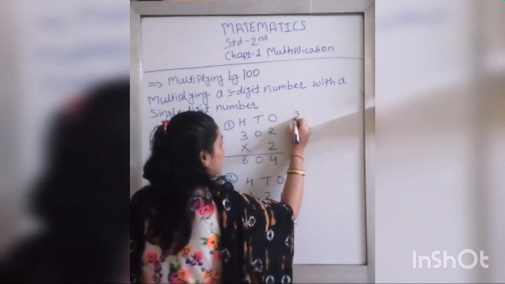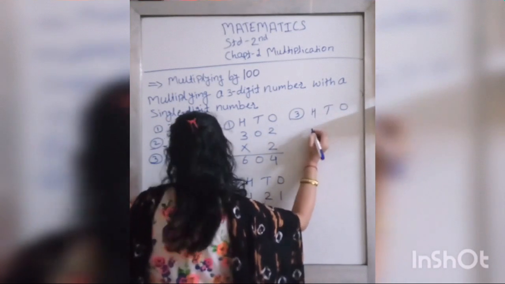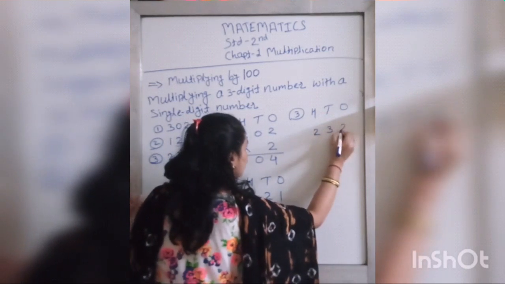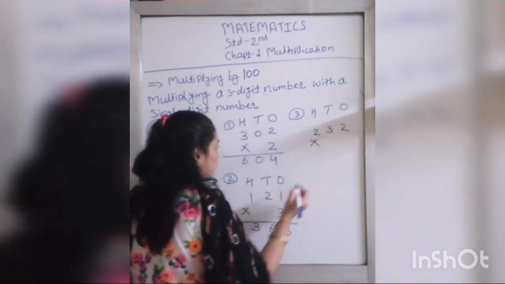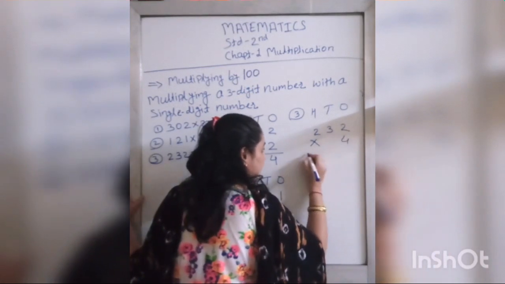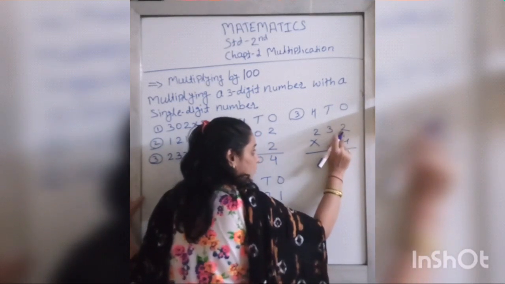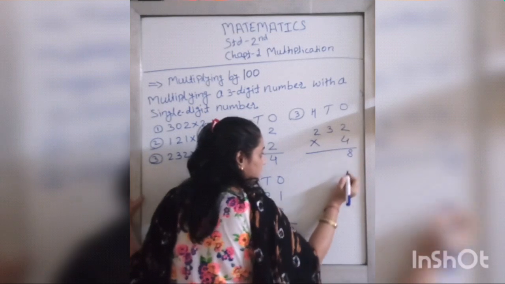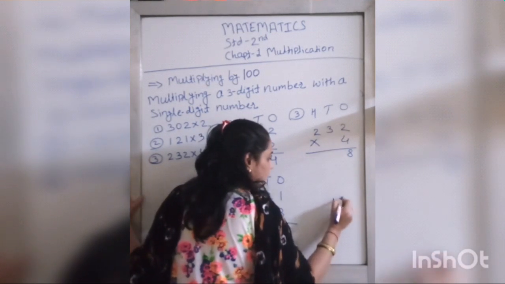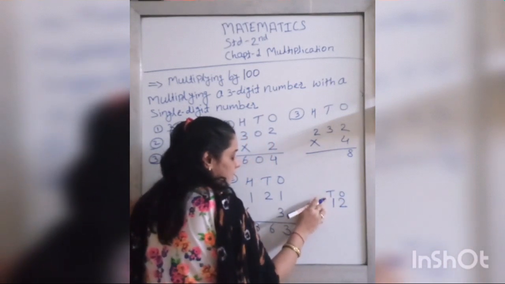Now see the third one. What is the number? 232. The number by which we are going to multiply is 4. Start multiplication from the ones place. 4 2s are 8. 4 3s are 12. 2 is on ones place and 1 is on tens place.